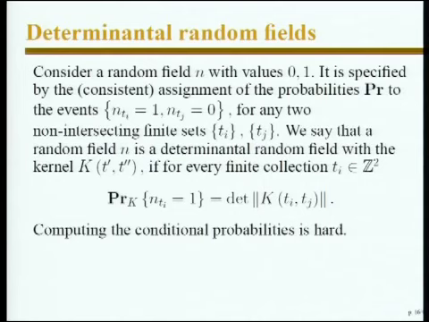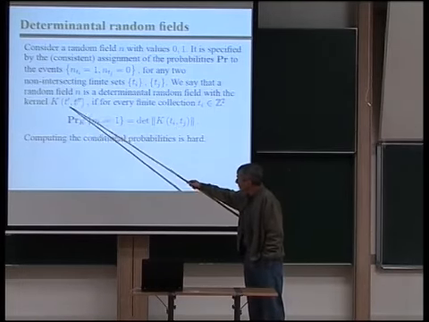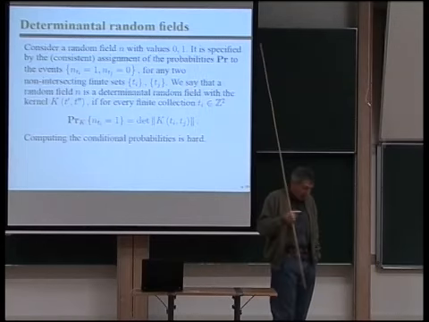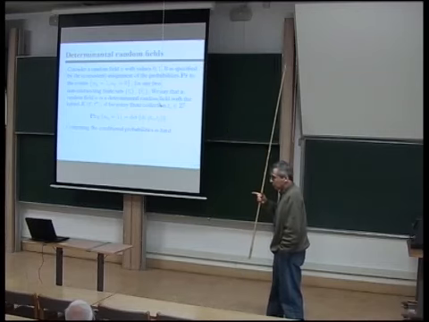In fact, it's enough just to say what is the probability of having ones at a certain finite set of sites. I take a finite set of sites and I put ones there, and I want to know the probability of that. And I say that my random field is a determinantal random field if there is some matrix K, a matrix with matrix elements indexed by pairs of lattice sites.